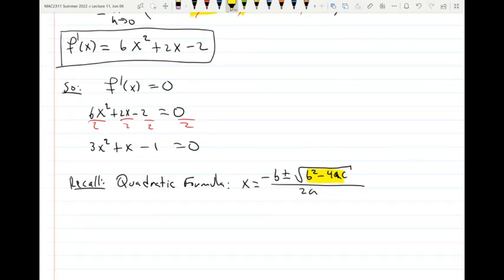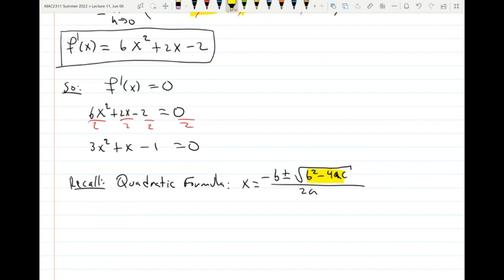And why is it helpful to compute this first? Because you can see right here, if this is a negative number, what's going to happen? What type of solutions do you get? If you have a negative inside the square root, you're going to get an imaginary number here, so you get complex solutions. And that's not what we're interested in. We're only looking at real solutions, because we are looking for points on the function, so no complex numbers here. So it's a good idea to compute this first.